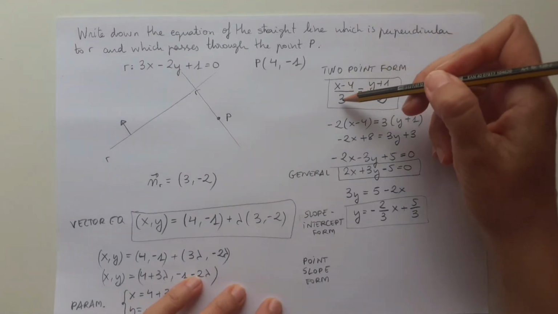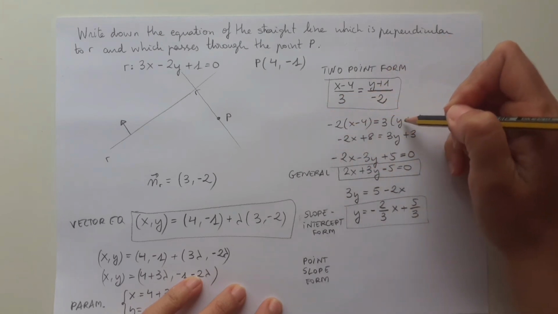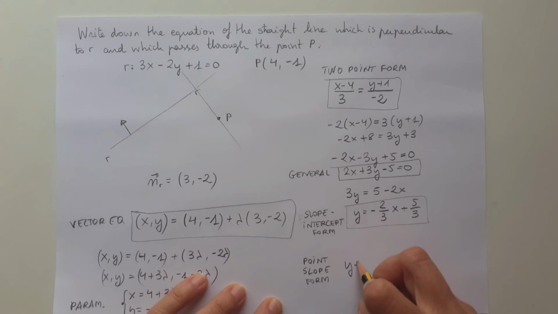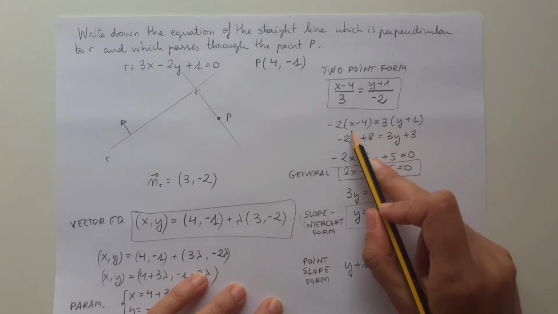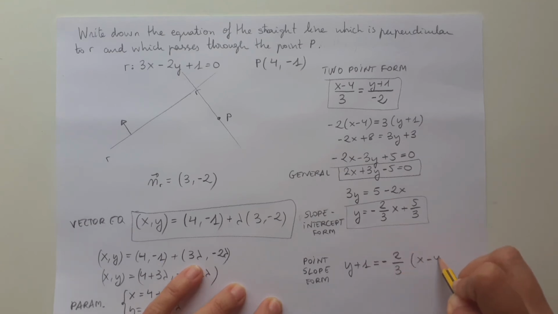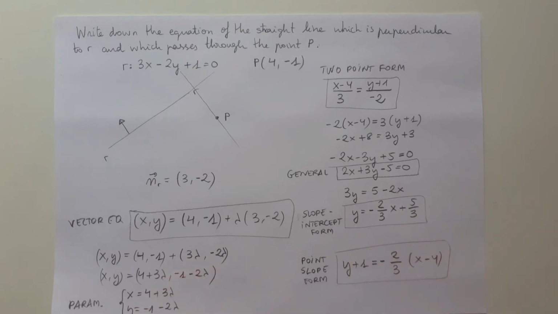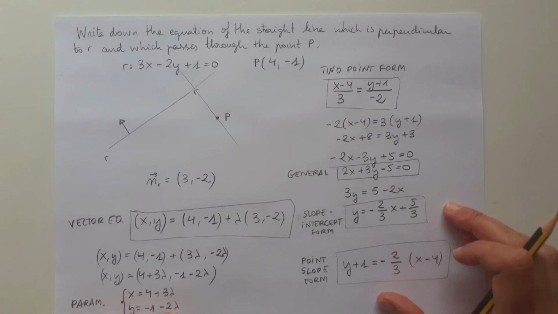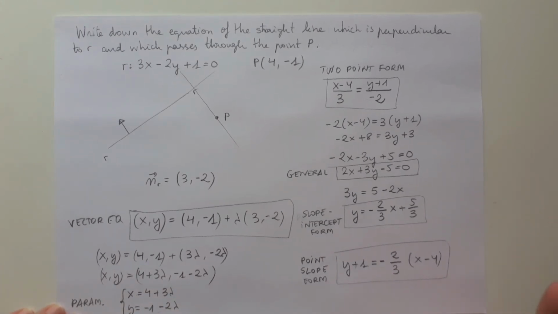When I multiply it crosswise, I obtain this. So I'm going to isolate this. Look, y plus 1 equals. Then this will move to this side dividing. And I have this. And here you have all the equations that we can write about a line, at least this year. So let's analyze these equations a little bit.